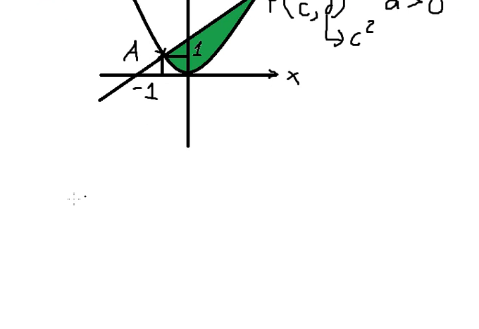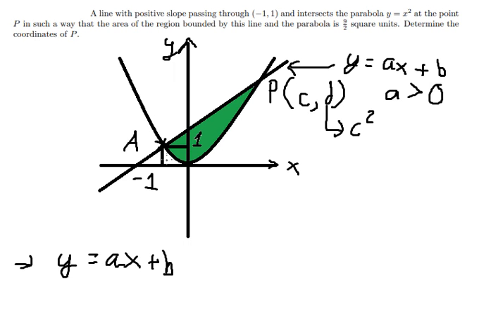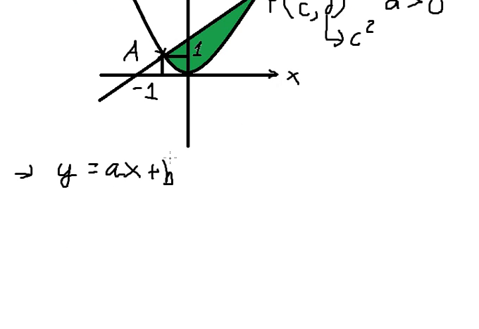Now we have one equation in here. This line goes through the point (-1, 1). So we put negative 1 in here and positive 1 in here. So we have 1 equals negative a plus b.